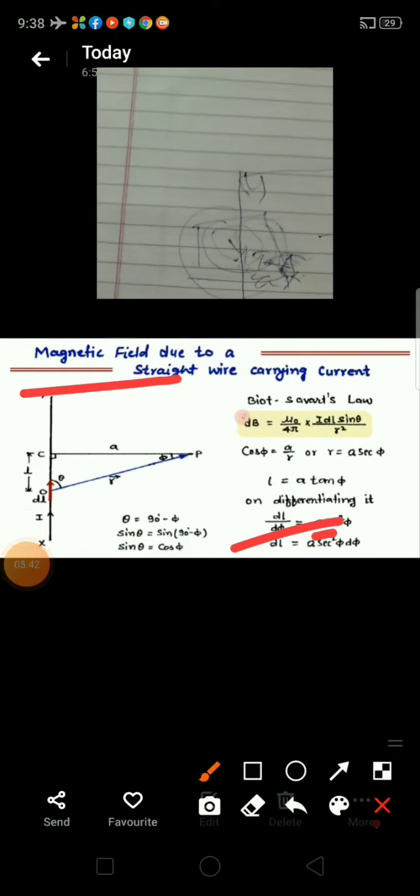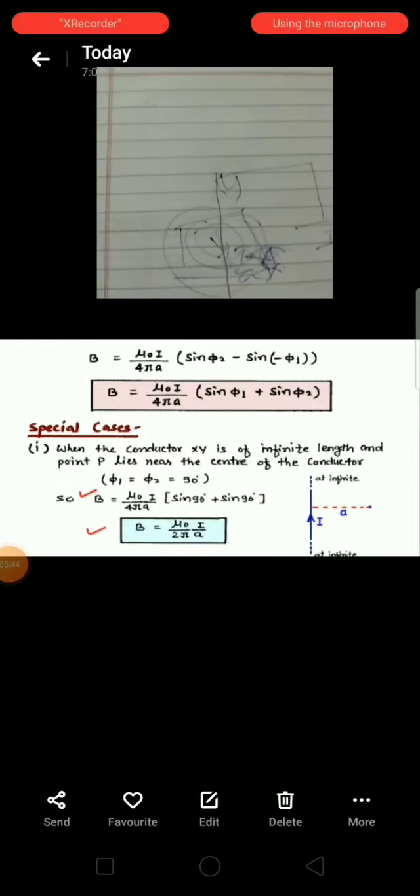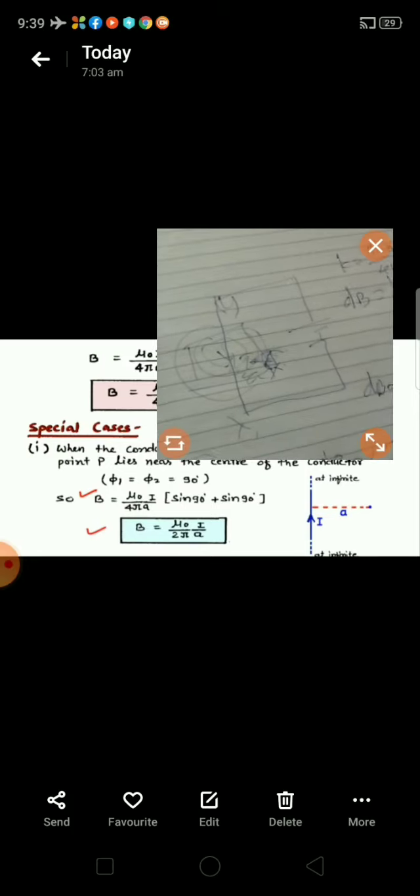Before coming here, first look at this. Here I have taken a long straight conductor XY, which produces a magnetic field.